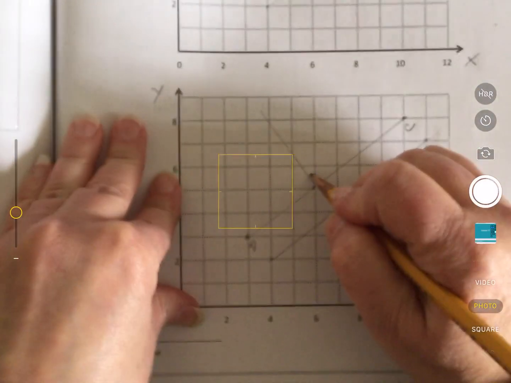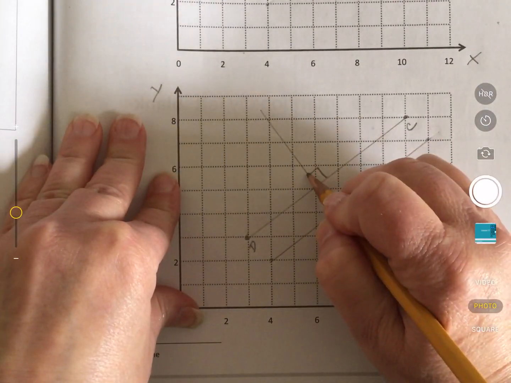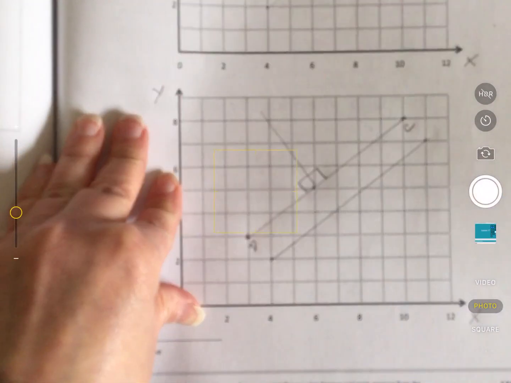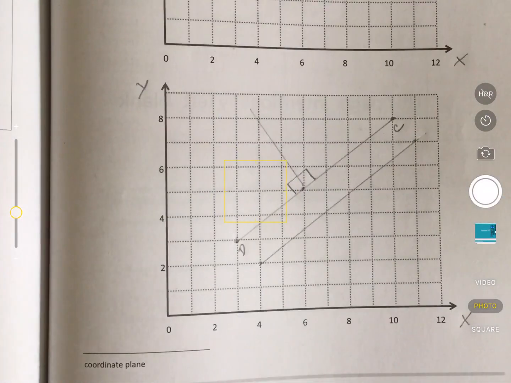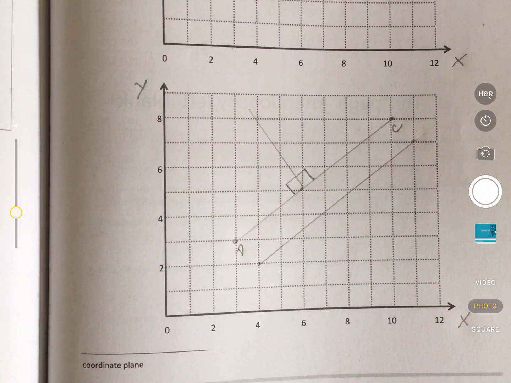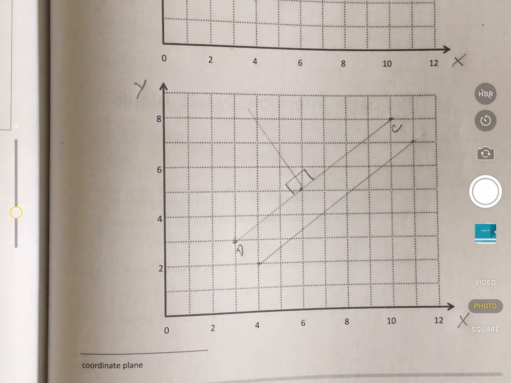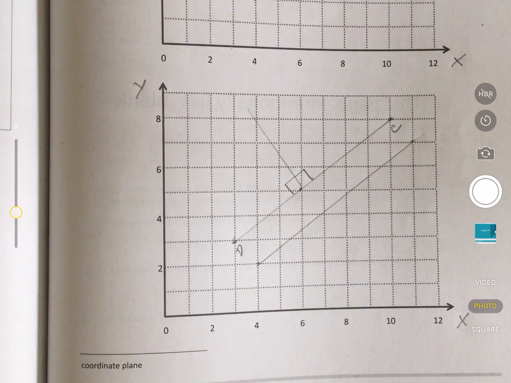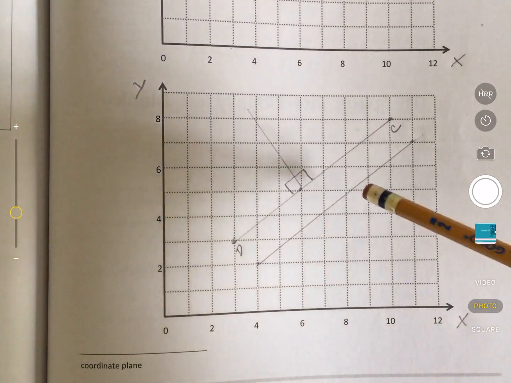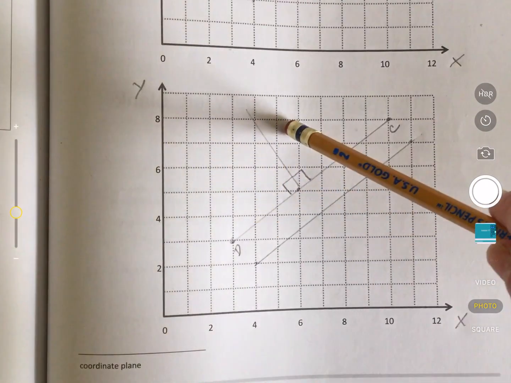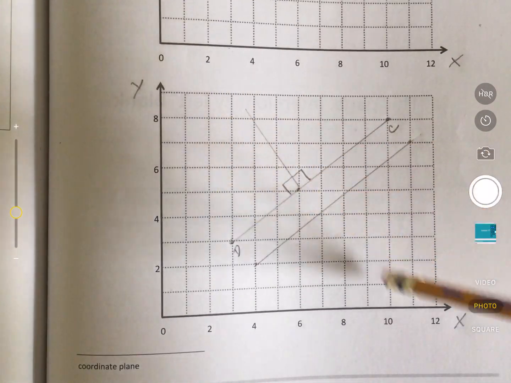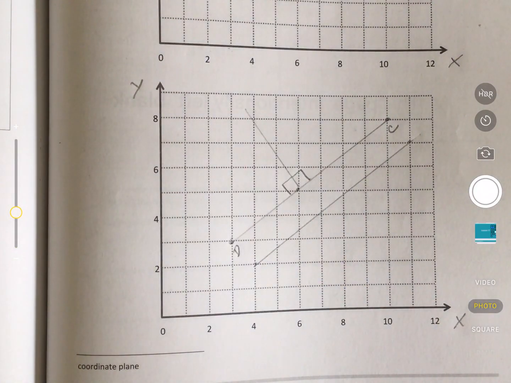So I'm going to pause here for a minute and let you do that, and then we'll get back to showing my answer. I'm putting my timer on for a minute.